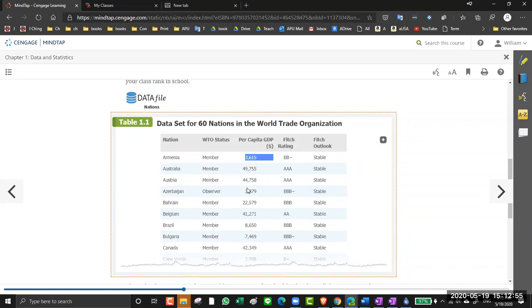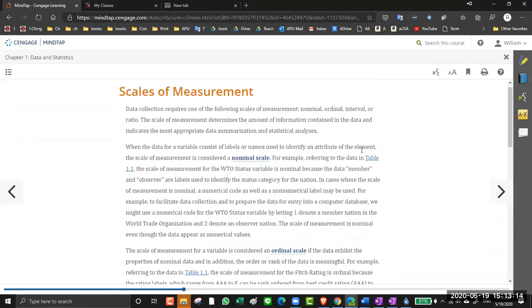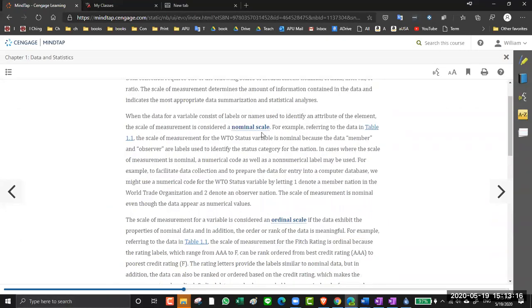Okay, now I have a question. Why wouldn't Fitch outlook be an ordinal scale? Because you could think about the order. It is an ordinal scale. You're right. But it's also nominal because it's not a number. What I'm saying is, if something is ordinal, it's also nominal.